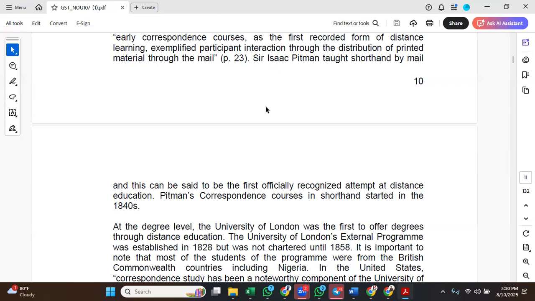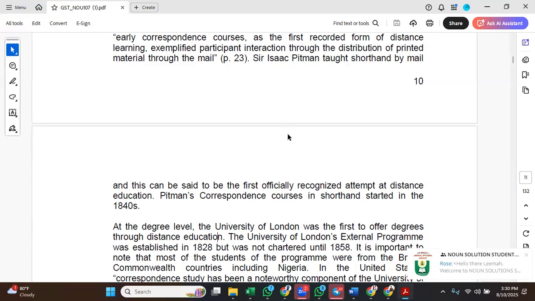And this 3 stage, the first one is correspondence. And that correspondence stage is a stage of letter where the teacher will write a letter to the student, you understand, through mail. And the first example of such was what was done by Sir Isaac Pitman, who taught shorthand by mail in the 1840s.